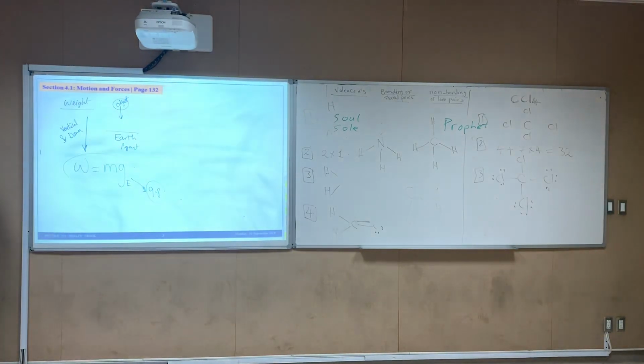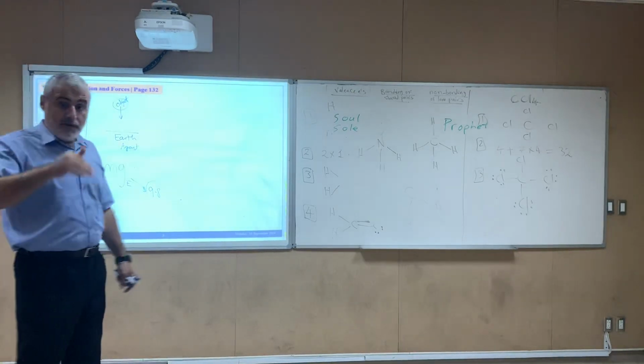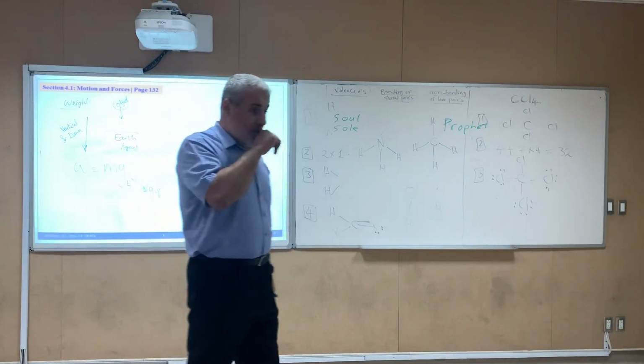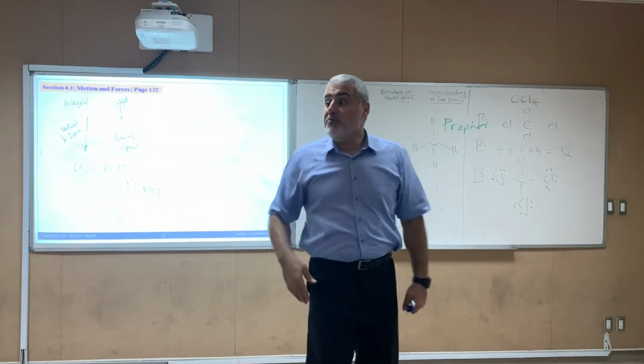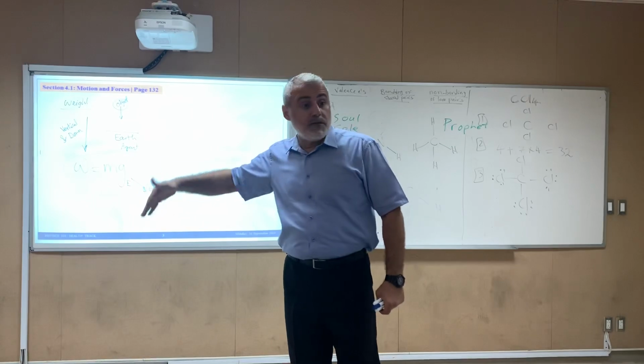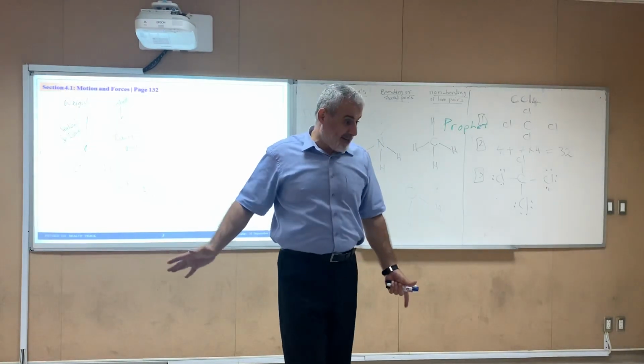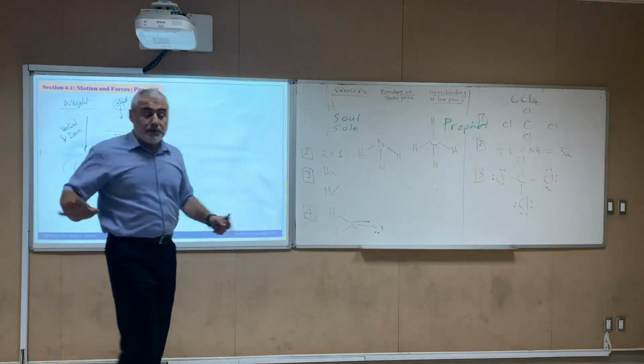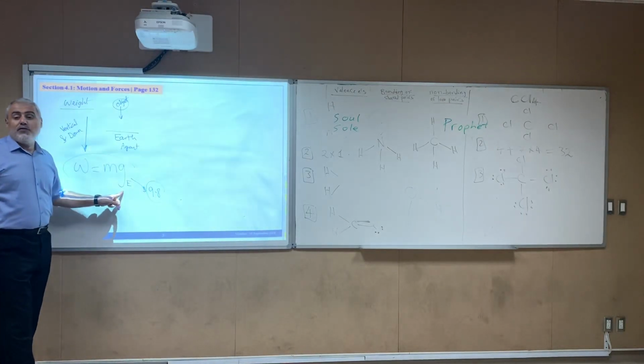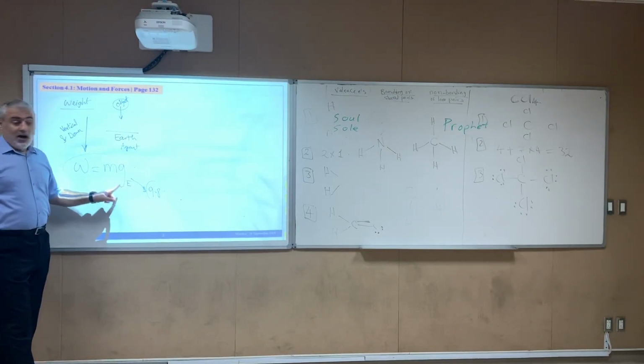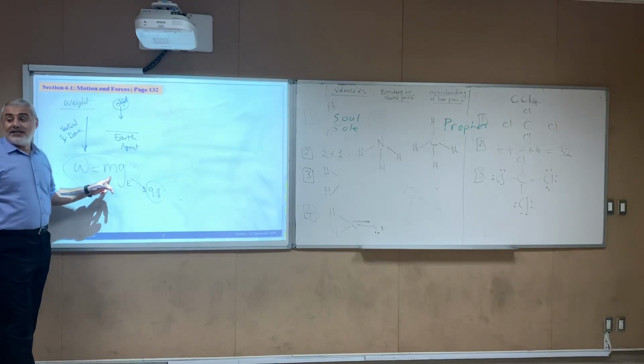This g for the earth is what we call 9.8. Now, this 9.8 changes from one planet to another. So if your weight is 500 Newton on Earth, it could be 150 on the moon, or 750 on Jupiter or Saturn, or any other planet. That's because g keeps changing from one planet to another, while the mass is always constant.